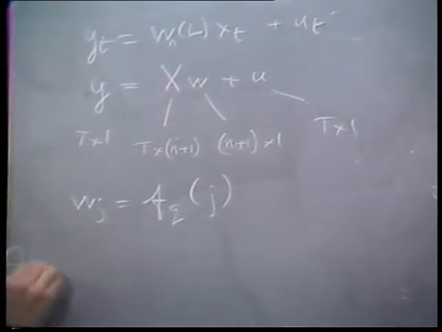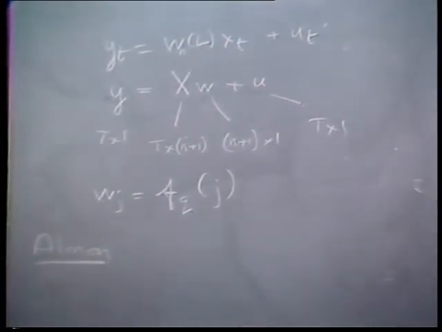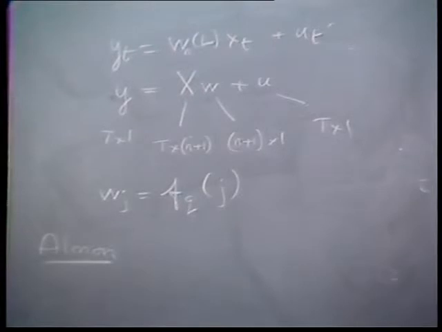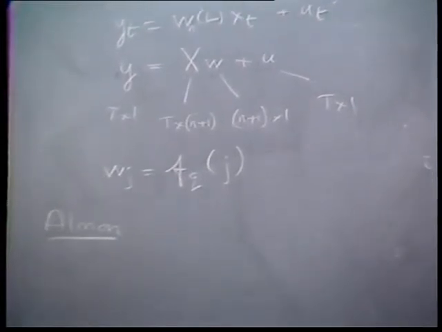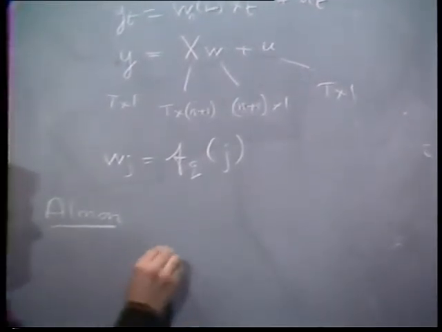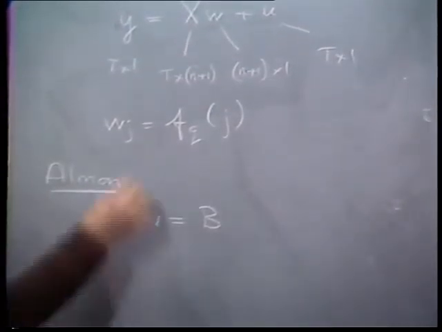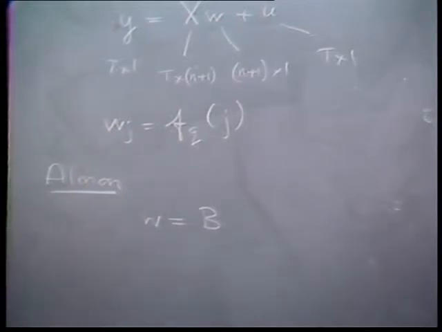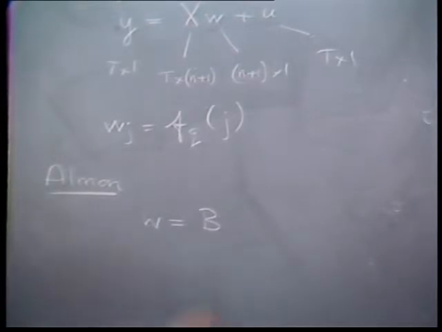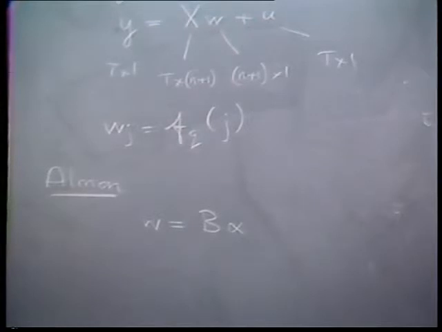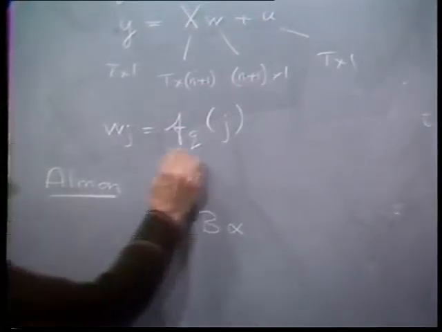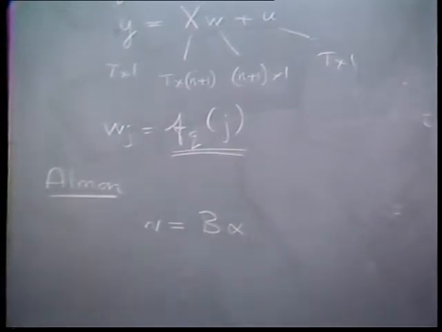The most well-known example of this is the Almon distributed lag. And in that case, we can write the restrictions that the coefficients or the weights wj lie on polynomials of degree q in this form, where the alpha vector is a vector of q plus 1 coefficients from that polynomial.